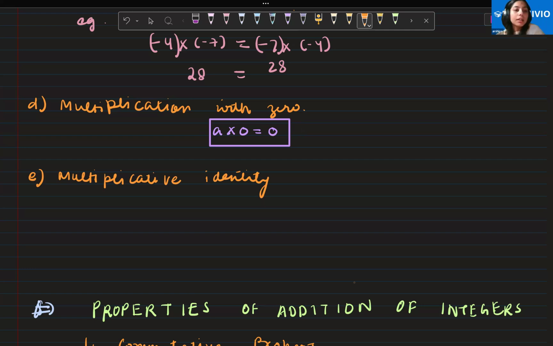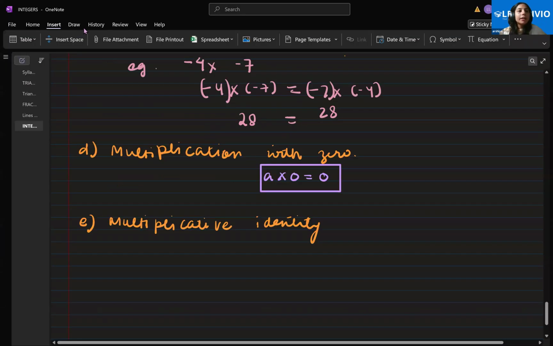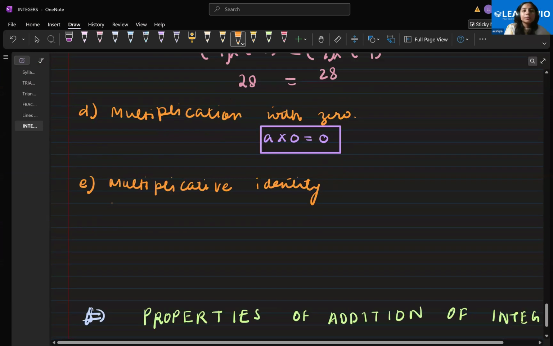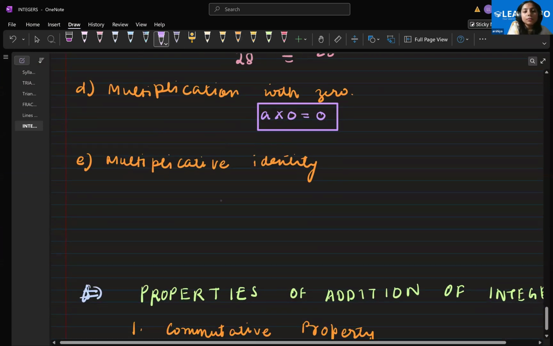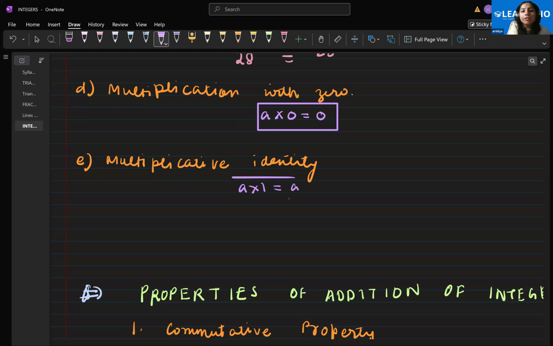Why? Because on multiplying any integer with 1, you'll get the same answer. So a into 1 is a only, therefore the multiplicative identity is 1. Write this down.